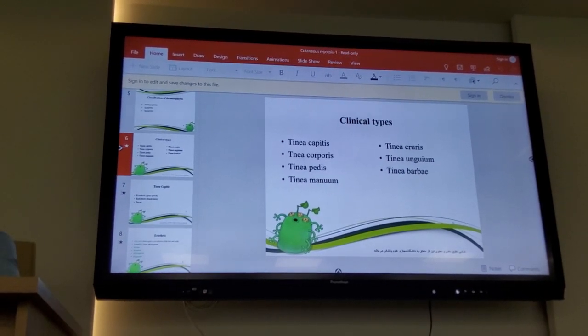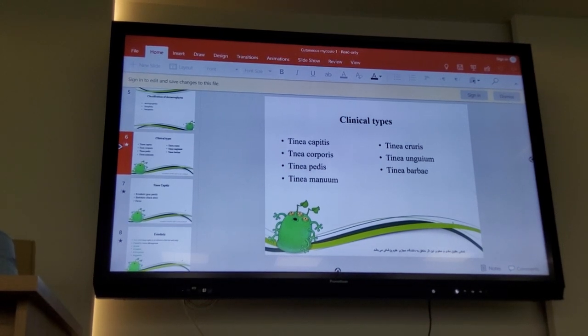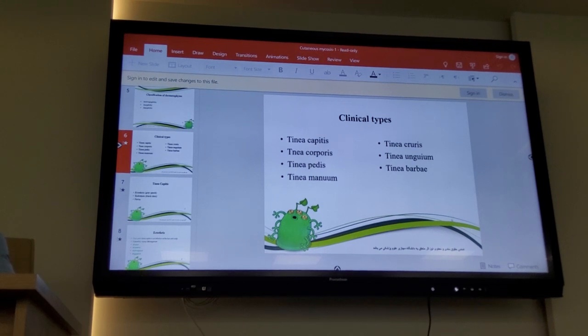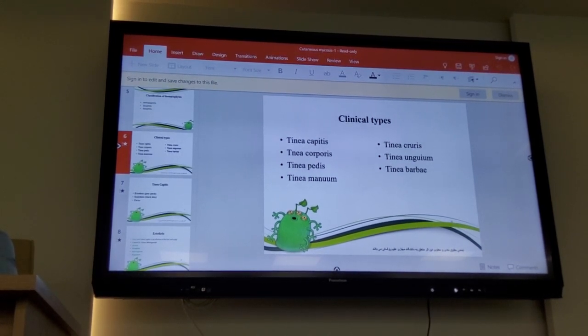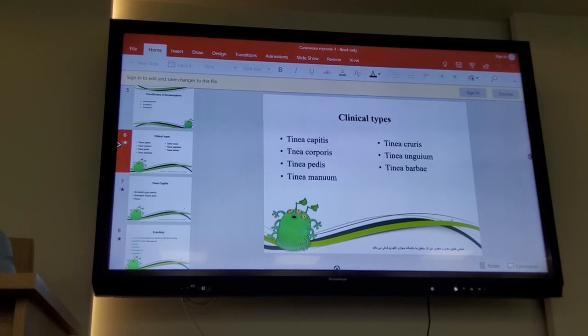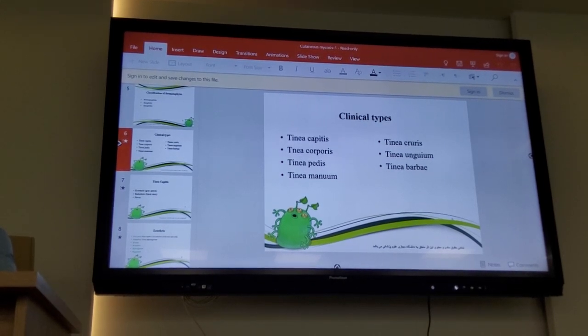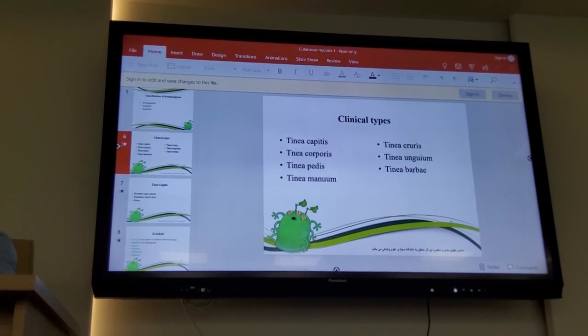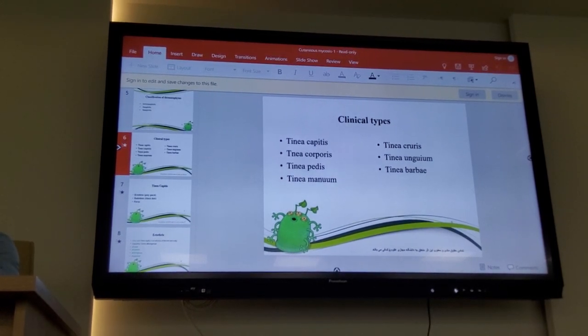One difference between the types of this infection is the type of fungi, the species of fungi. No, we base it on the location. We have these types. Why do we divide into these seven types of infection?